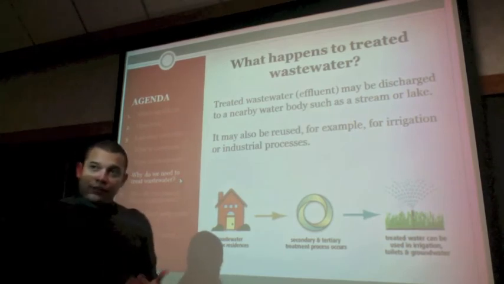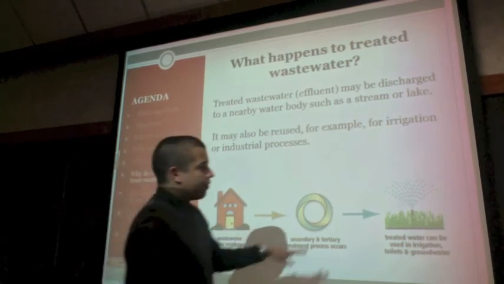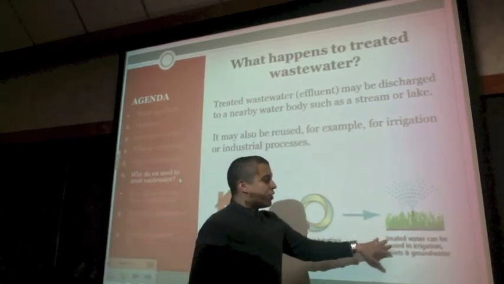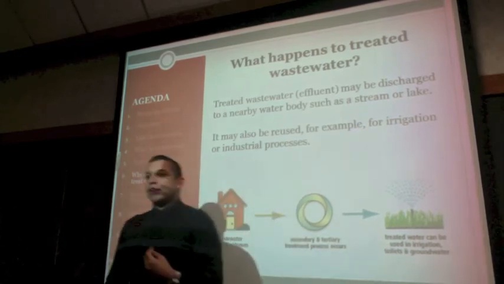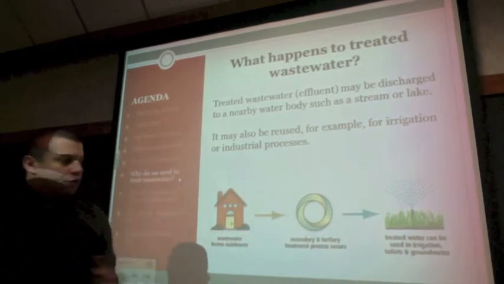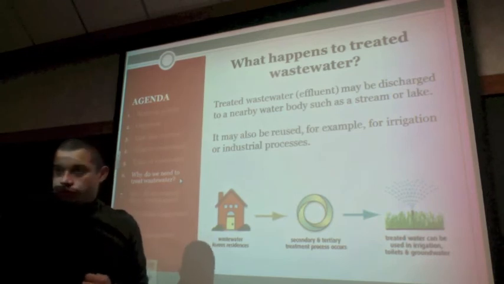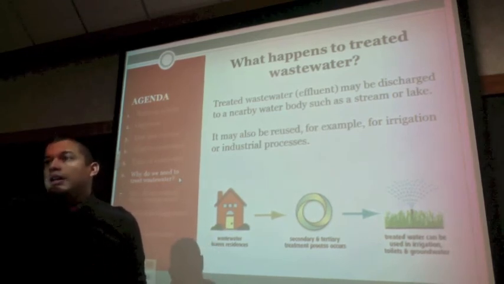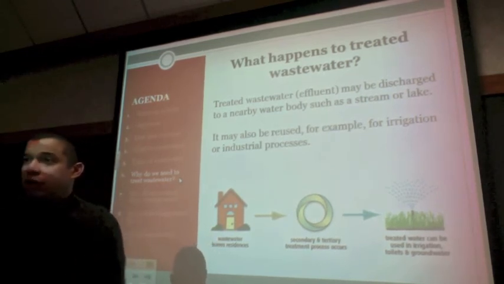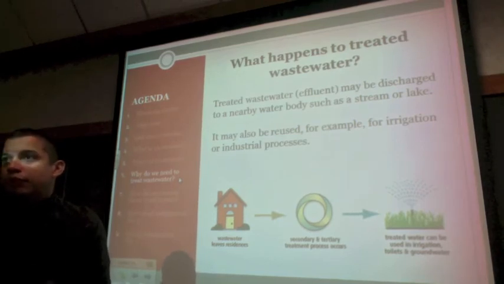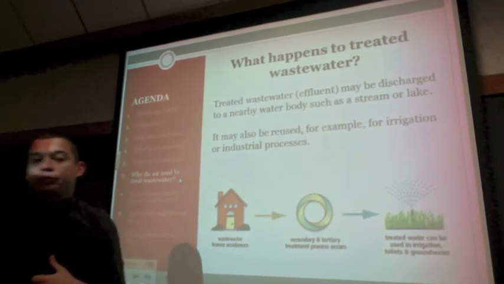After that, you have the treated water, which can be used for different functions. For example, it could be used for irrigation, toilets, and groundwater, and it could even be reused for human consumption, like drinking water.